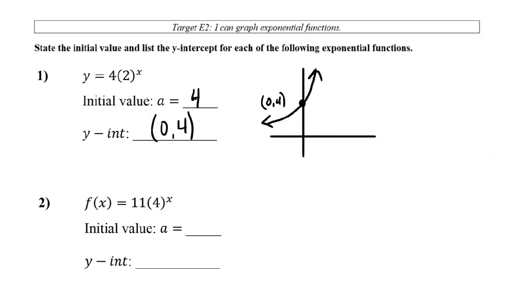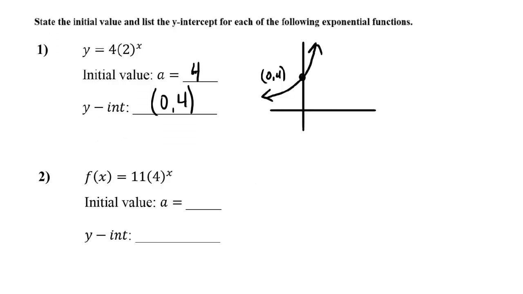Looking down here at question number 2, our initial value, the number in front, is 11. So that means our y-intercept is (0, 11). If we were going to sketch a graph, this is a bit more outrageous, because 11 would be way off the graphs we normally do.